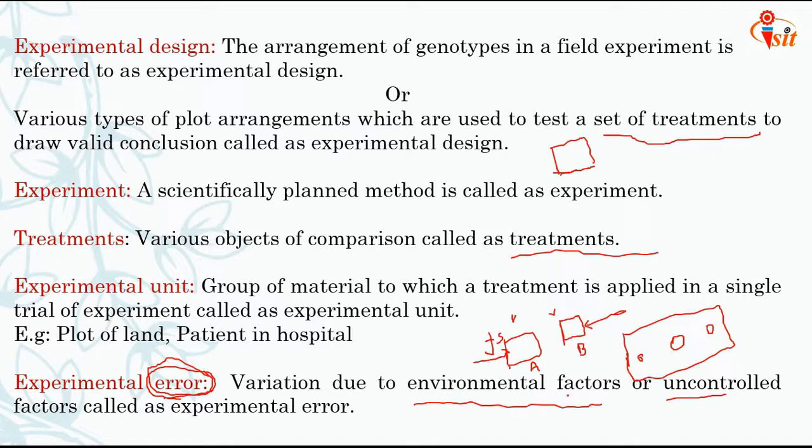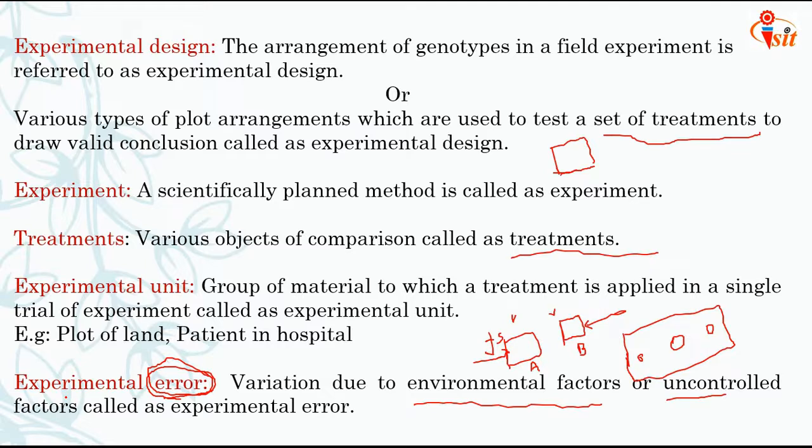So this is very important, and our main motto in learning experimental design is to reduce experimental error. If we reduce experimental error, then the varieties get genotypically expressed. If there is less influence of the environment, then the variety expresses its genotype more.